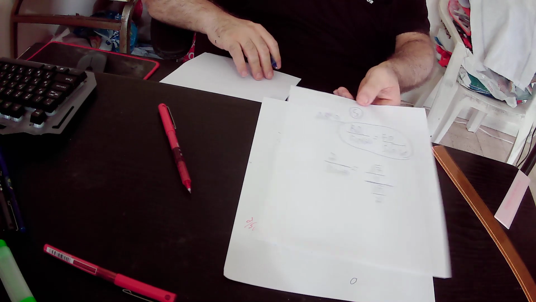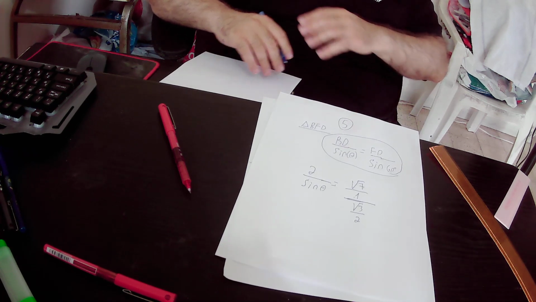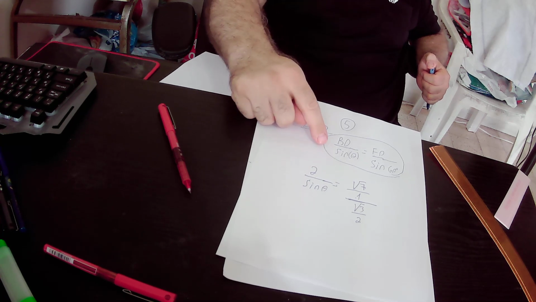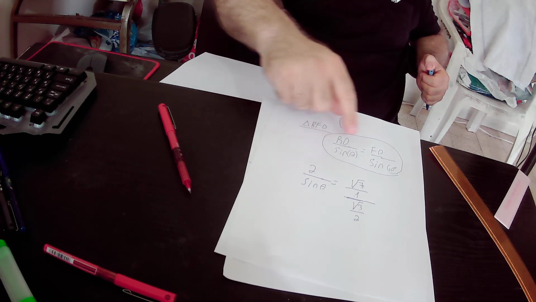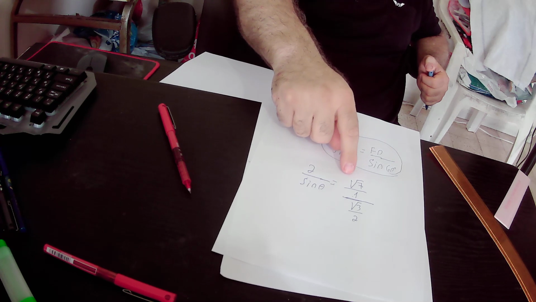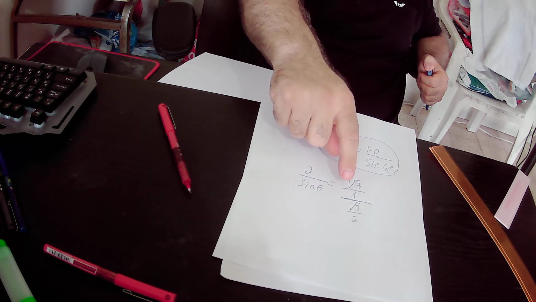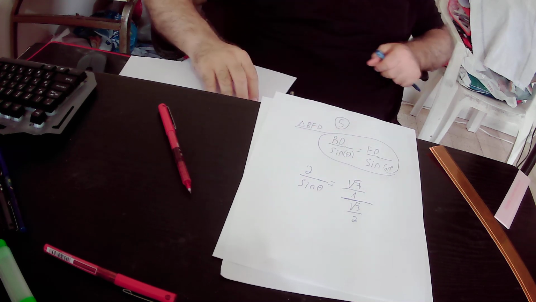So BD equals 2 units, FD equals root 7, and sine 60 degrees is root 3 over 2.